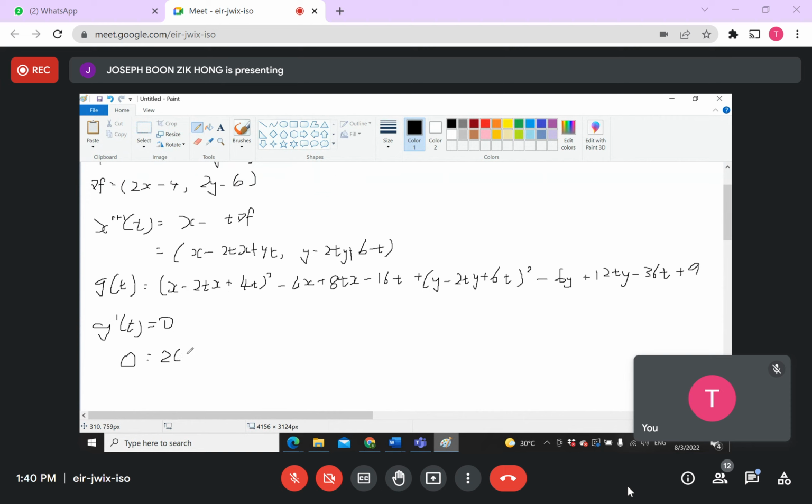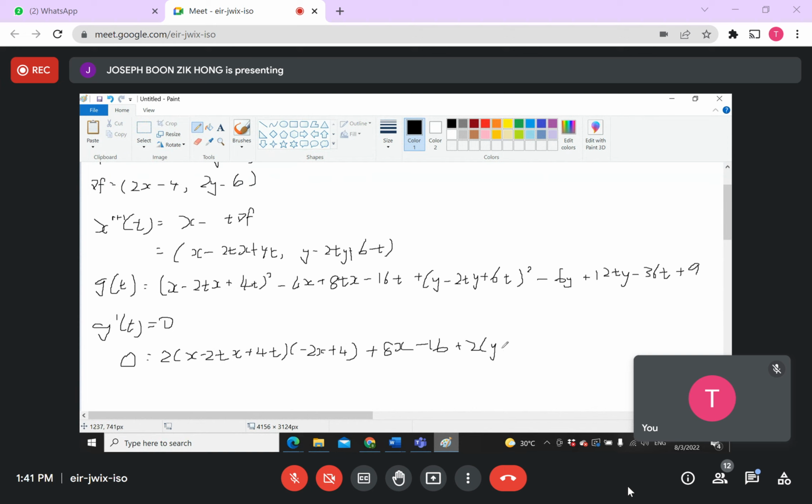This one is very long. 2 times (x minus 2tx plus 4t) times the derivative with respect to t, which is negative 2x plus 4. Then with respect to t, plus 8x minus 16. Again, if any mistake, please let me know.